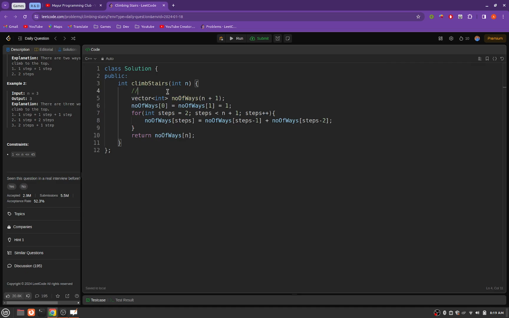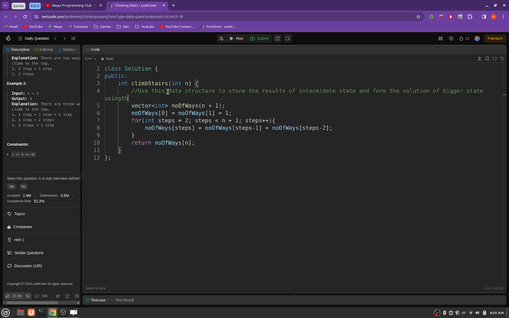We will use this data structure to store the results of intermediate states and form the solution of bigger states using them, avoiding extra work in case of overlapping subproblems. So this is what dynamic programming is.